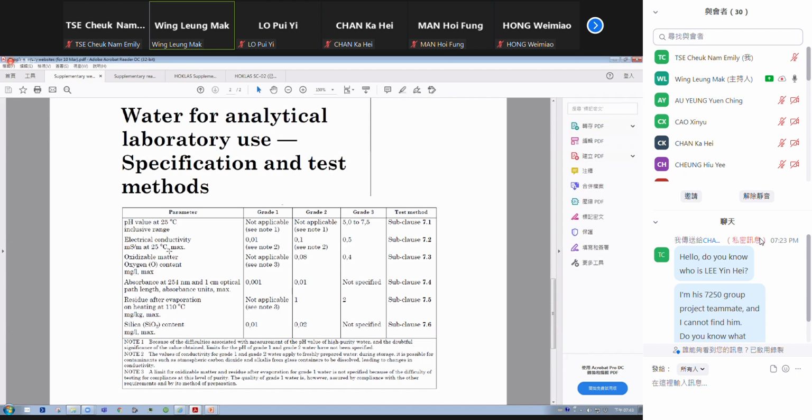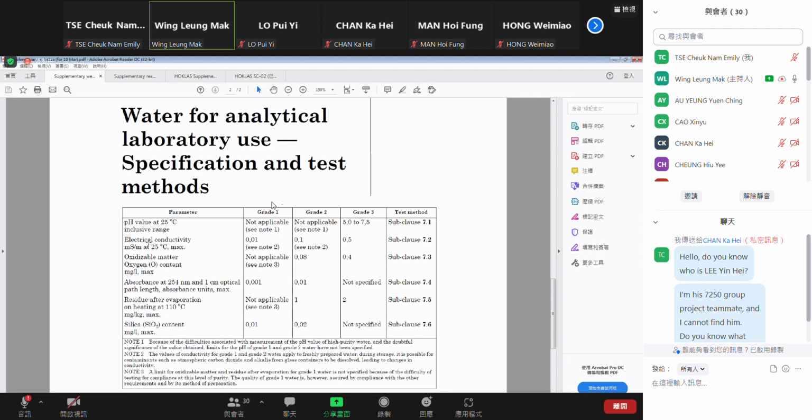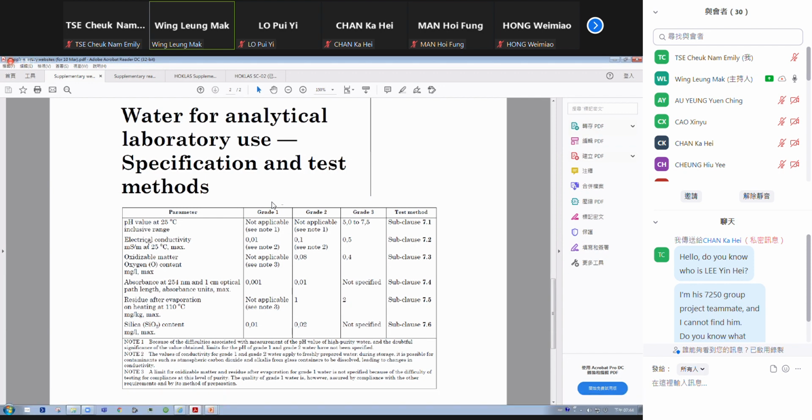Electrical conductivity: when pure water has certain salts added, with positive or negative ions, the conductivity increases. If it is pure water, there should be a minimal amount of ions.